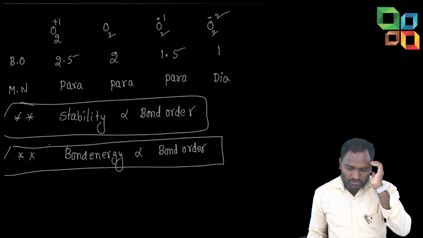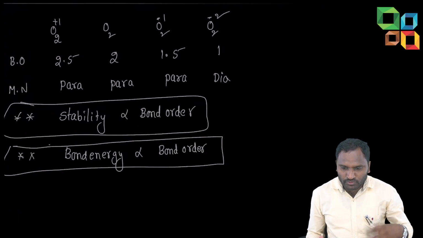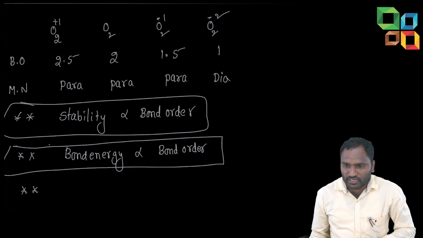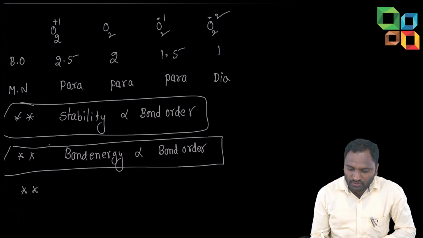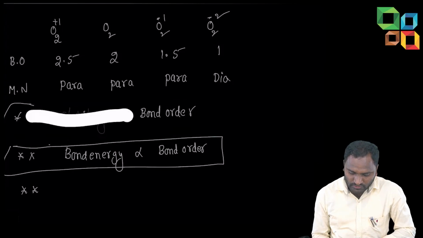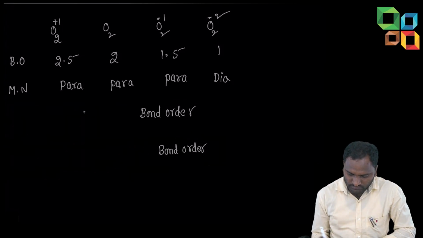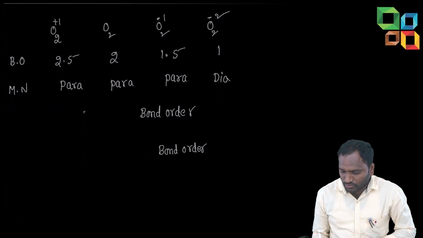So which is having more bond energy? If they ask which is having higher bond order. Actually, bond order I should have kept on the left side. While copying, you put bond order on the left side. Bond order is directly proportional to stability.